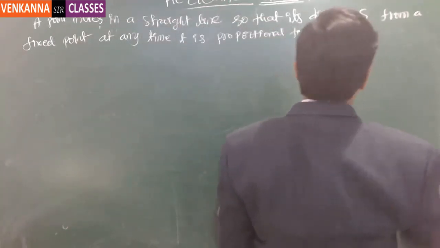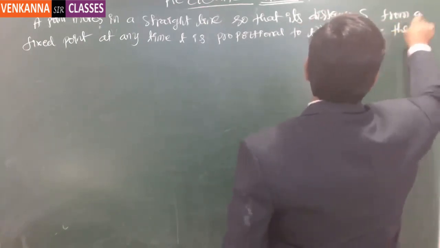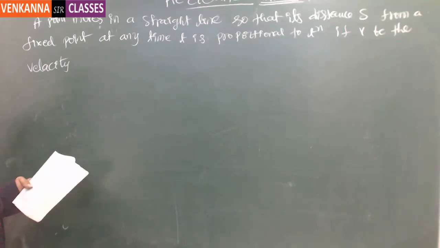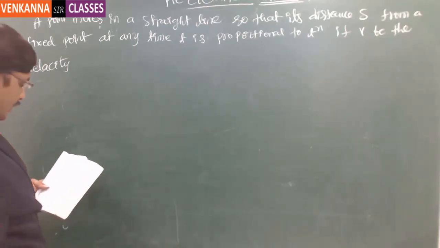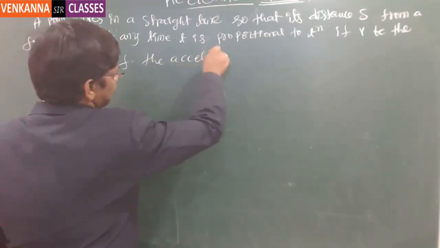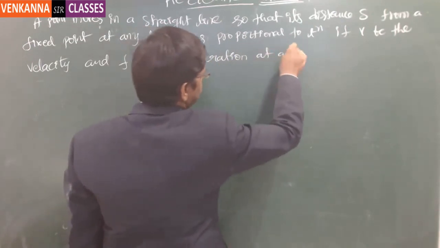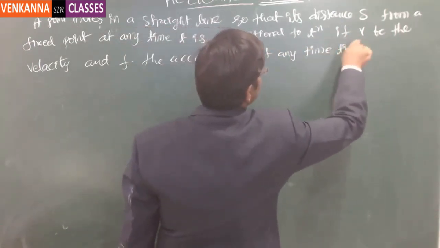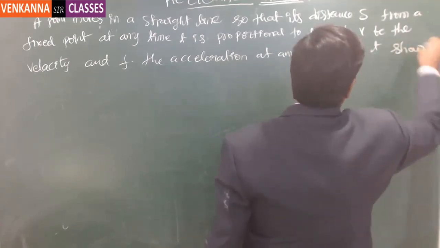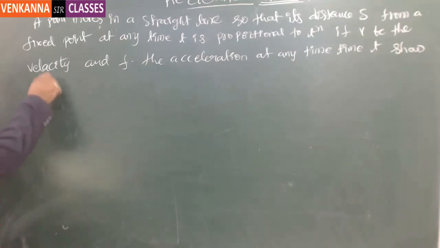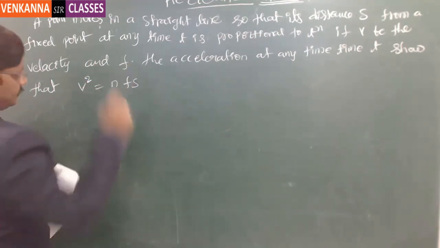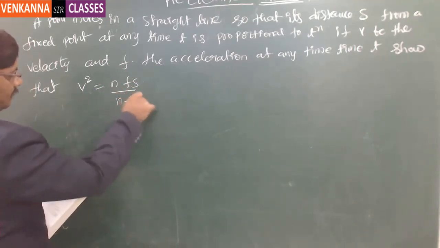If v be the velocity and f the acceleration at any time t, then v square is equal to n f s divided by n minus 1.